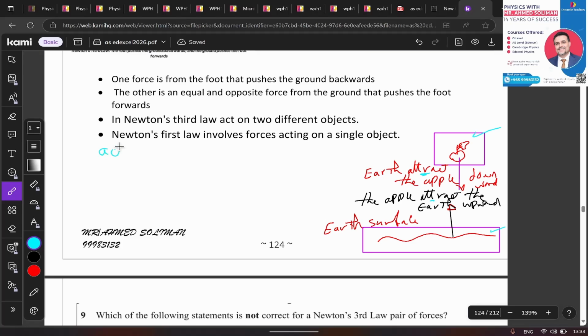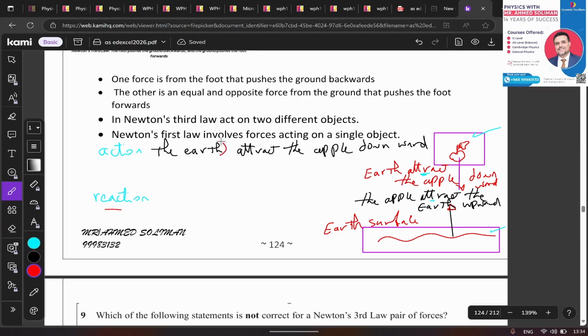What is action and what is reaction? It's very easy. If we say the Earth attracts the apple downward, this is gravity. Now we want to write the reaction force.